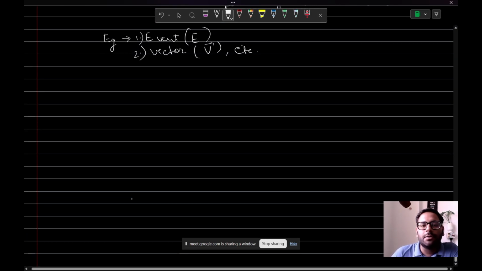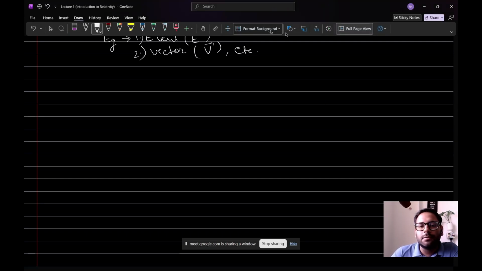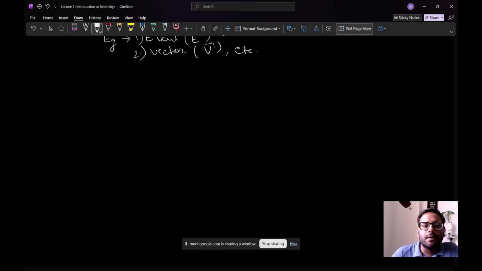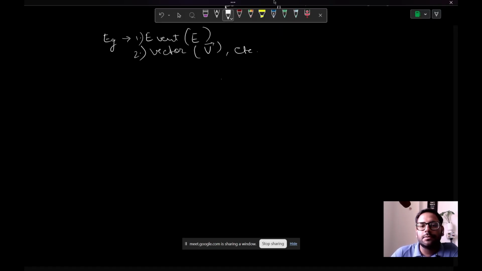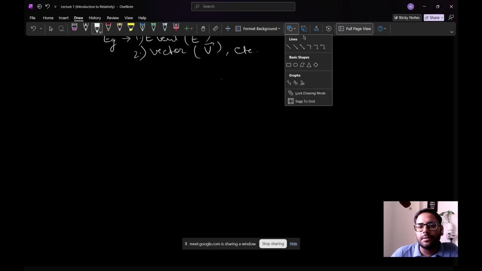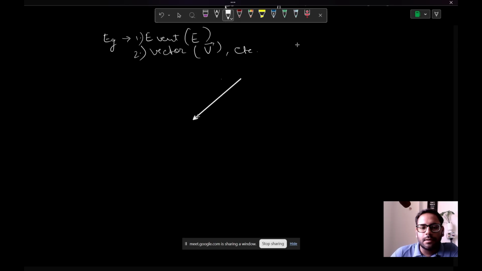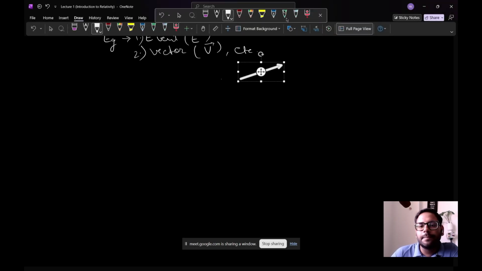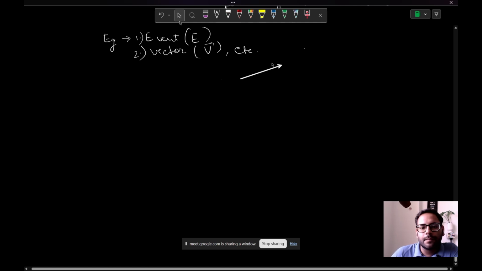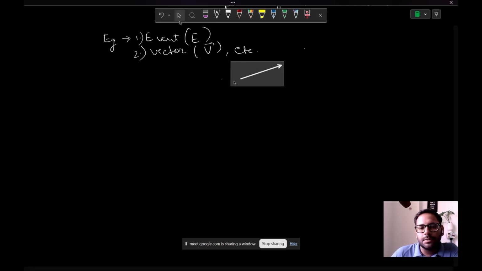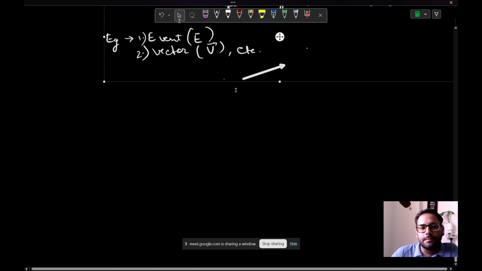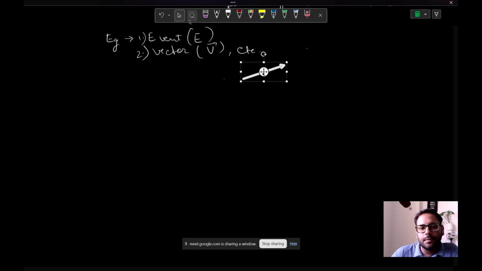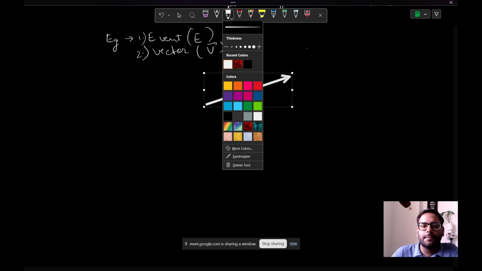Suppose I have a geometric object. This is a vector.